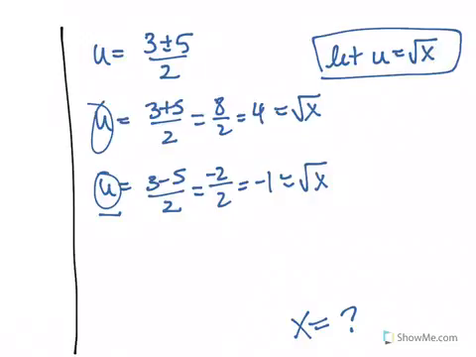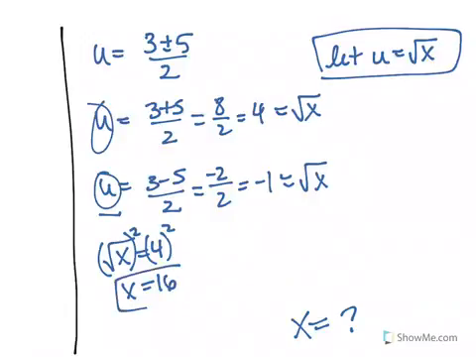To solve for x then, we have the square root of x equals 4. We can square both sides, and we get x equals 4 times 4, which is 16. There's one answer.